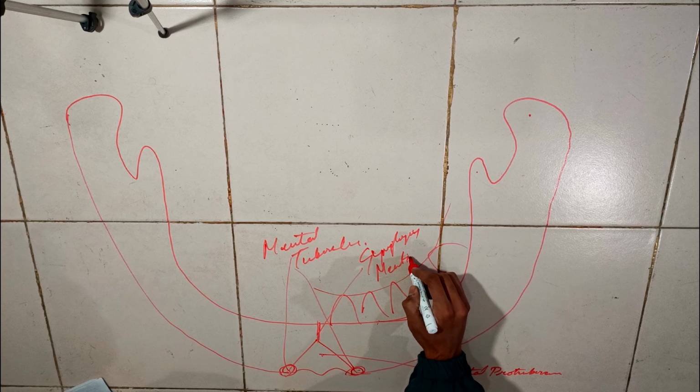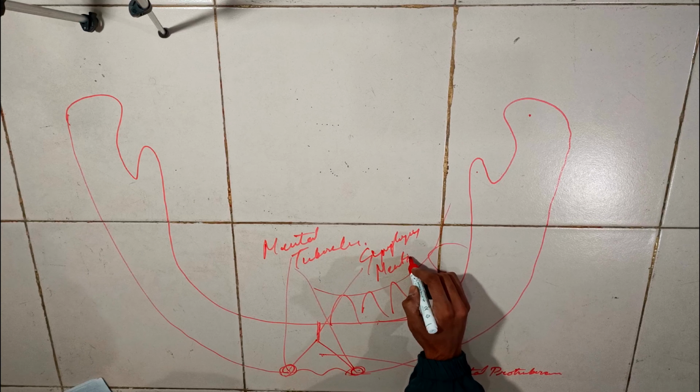The mental foramen is present just below the canines, I think. Mental always refers to the mandible or chin.